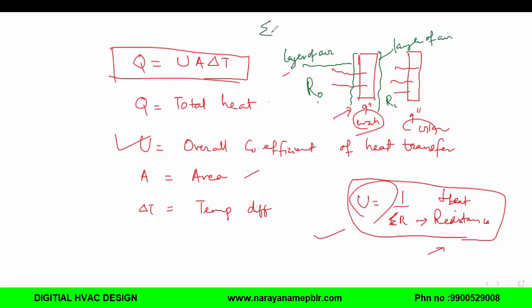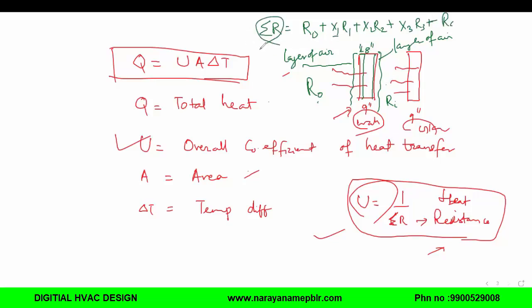For example, if I want to find the resistance for the wall, it is R outside plus the thickness of this. If you have plaster and a brick, and it is 9 inch, then 8 inch is the brick and half inch is cement plaster. So X1, R1: X1 is the thickness of the cement plaster, and R1 is the resistance of the cement plaster. Then brick X2, R2, plus another layer of cement plaster X3, R3. Then inside, Ri.